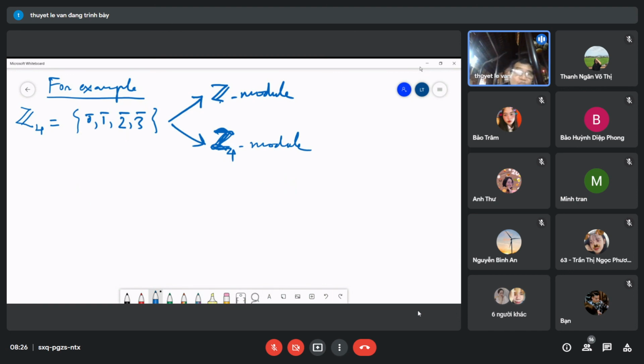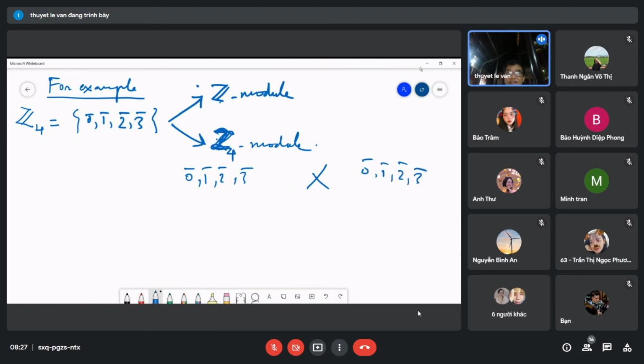A Z4 module is different from a Z module, because Z4 module means that the multiplication is only from Z4: 0, 1, 2, 3, and you multiply with Z4, that is only 0, 1, 2, 3.